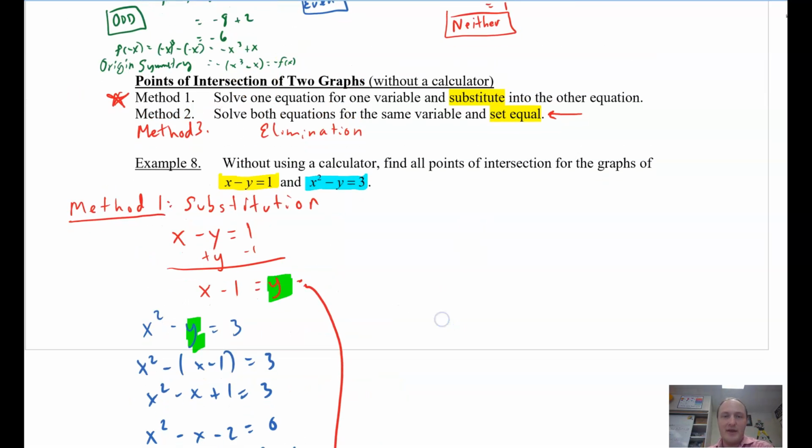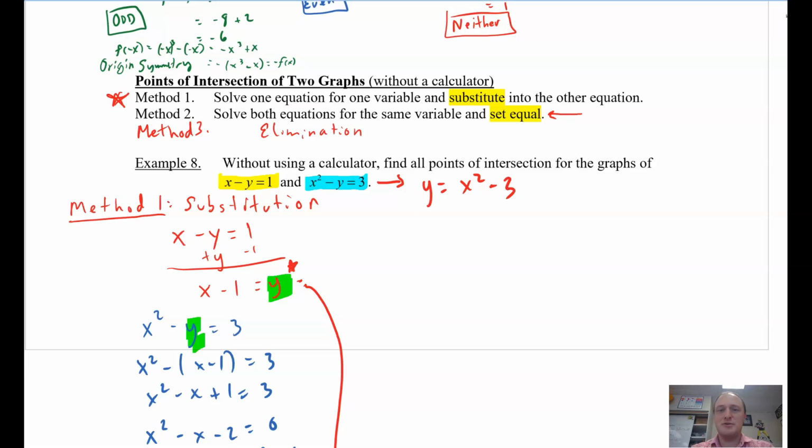The other method talked about here is solving for the same variable and then setting them equal to each other. I've already solved for y here, so I'm going to take this equation and solve for y. I'll add y to both sides and subtract 3, and we get y is equal to x squared minus 3.